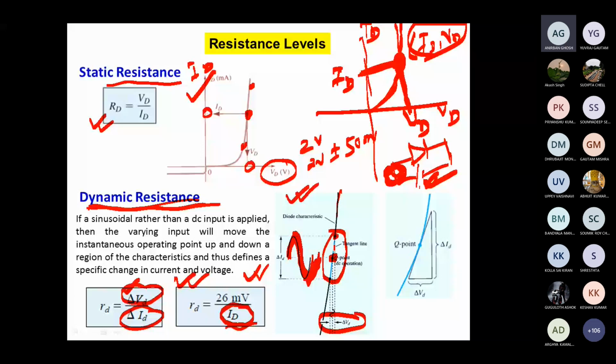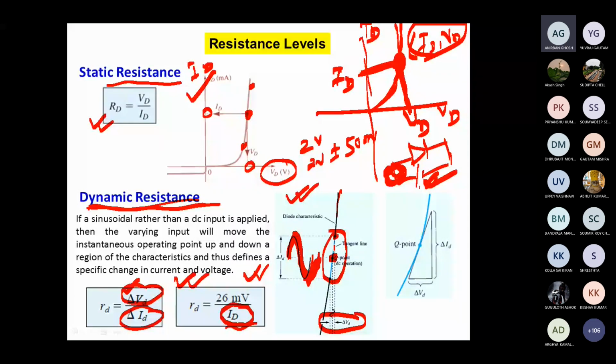So this is the static resistance, how to get. Sir, but RD equal to 26 by ID, that is the DC resistance only, not static resistance only, because we are considering only a point at which we are calculating, but dynamic resistance we calculate over a range.